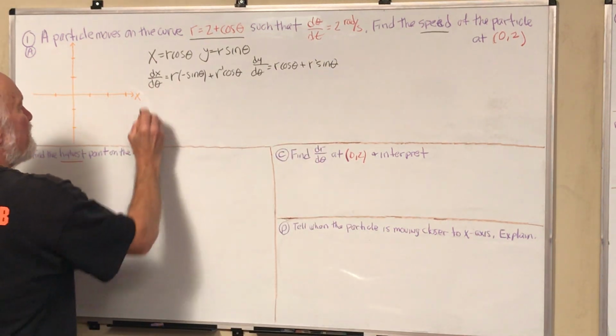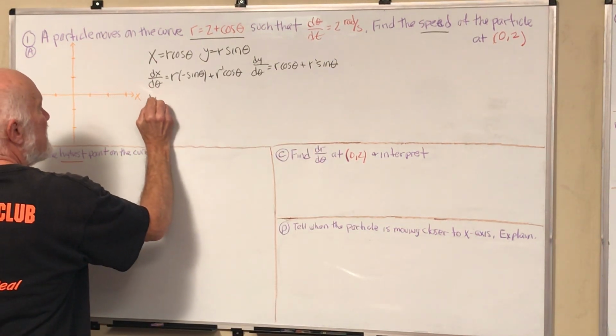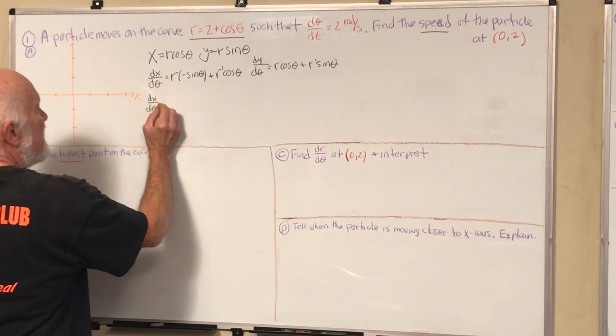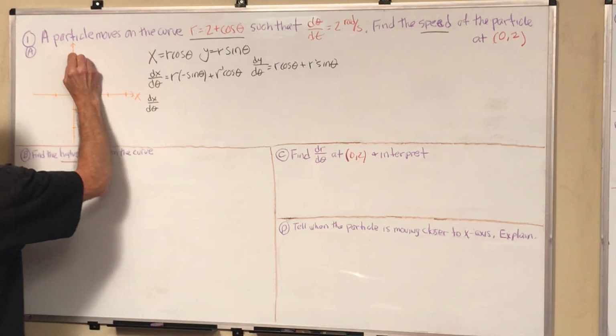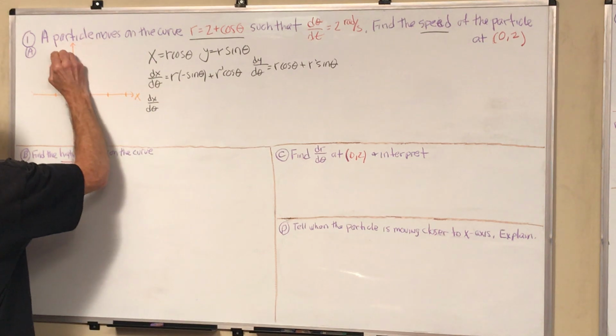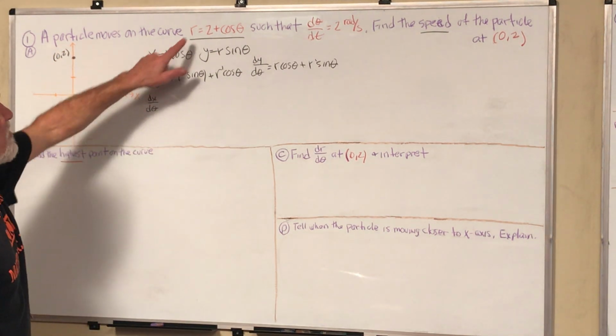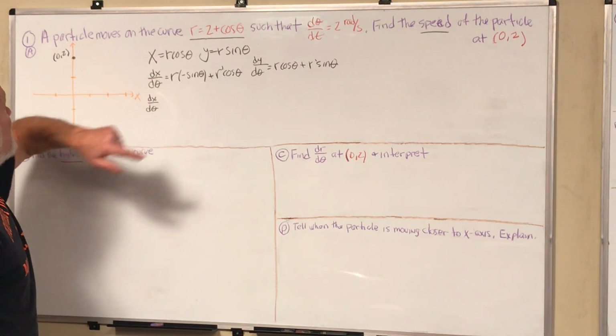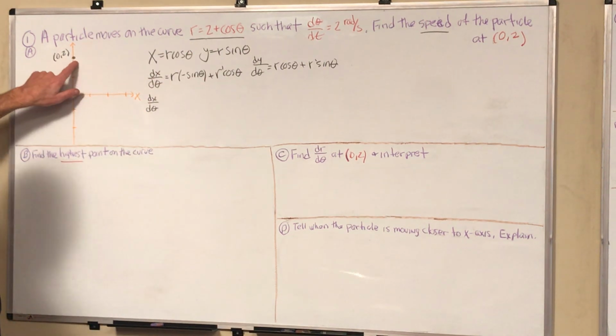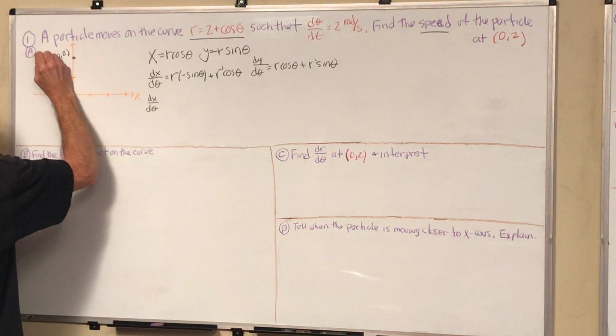And what we'd like to find is dx/d theta at this point right here, (0, 2). Well, we know at (0, 2), that's going to be when theta equals pi over 2.